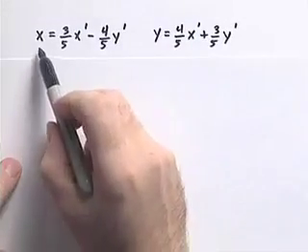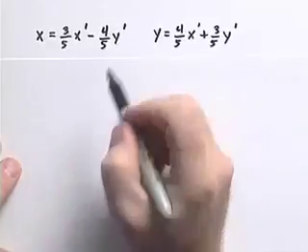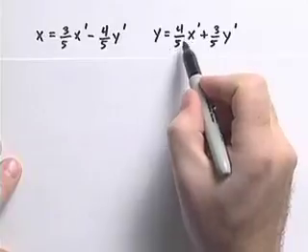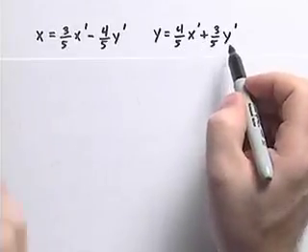Now with these values, we can obtain our rotation formulas. We'll get that x is equal to 3/5 x prime minus 4/5 y prime, and y is equal to 4/5 x prime plus 3/5 y prime.